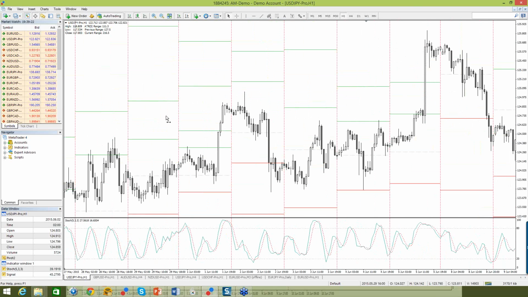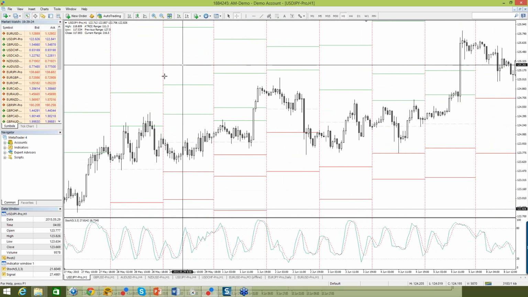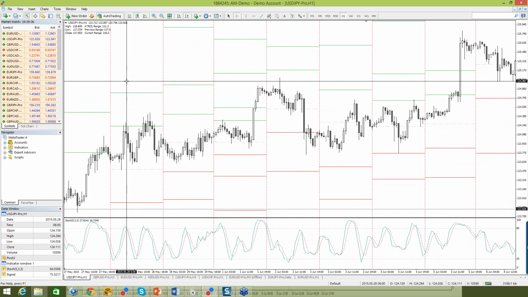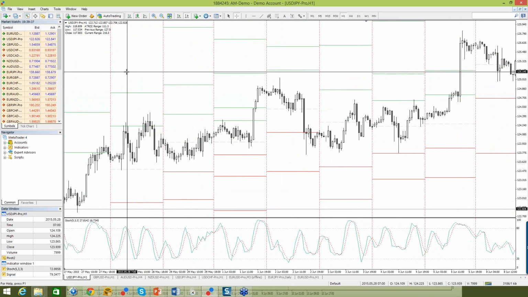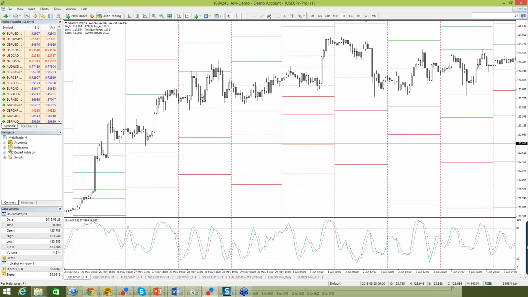The approach says, when the pivot gets broken, look at the pivot point reaction, and if stochastic is also going down in the direction of the breakout, we take the trade. So look at this. Pivot point down, stochastic was up, and bang, it is going down.